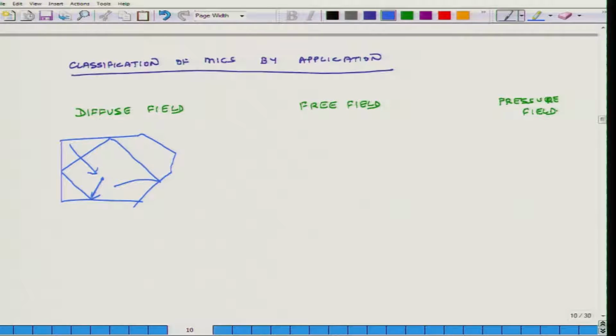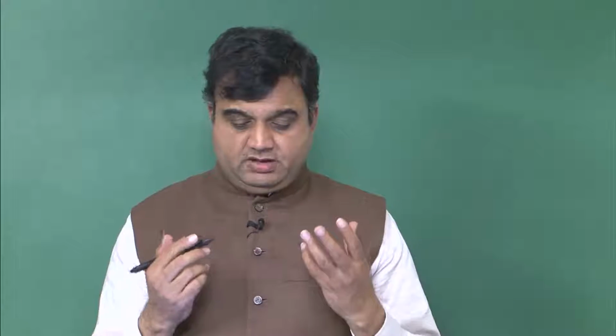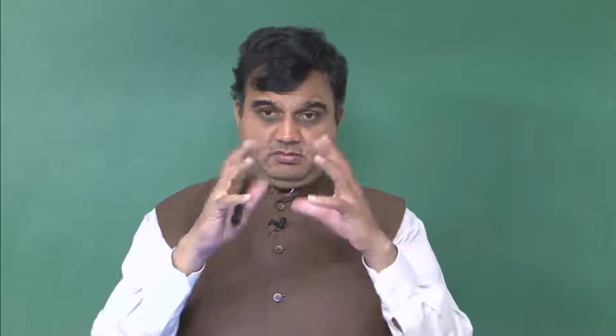So, you may have reflections coming from all the directions. So, in such a room where reflections are coming from all the directions, if we want to measure sound pressure level, we need a microphone which can sense sound waves coming from all the directions.